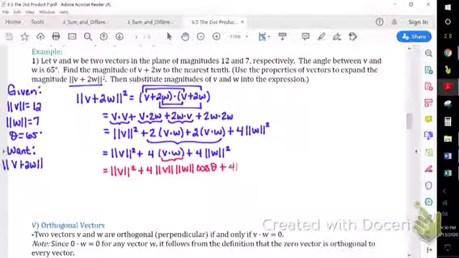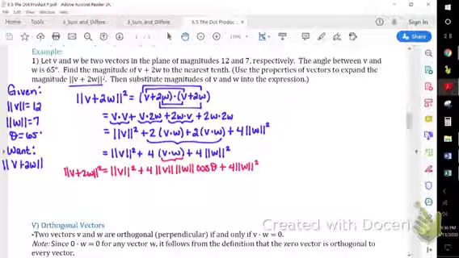And then I've got my plus 4 magnitude of w squared. And remember, this is all equal to the magnitude of v plus 2w squared. Okay, just brought that down.